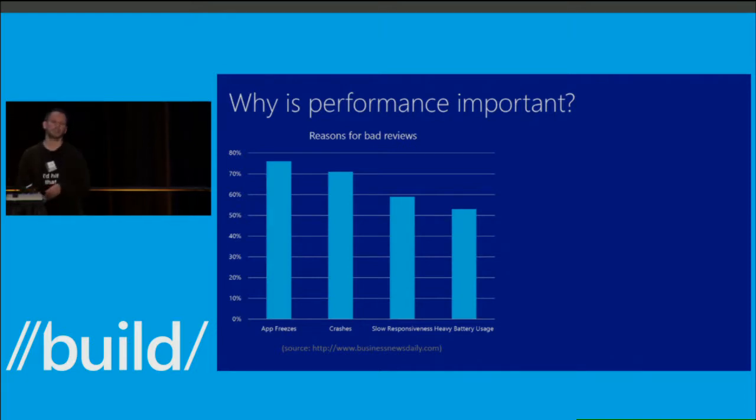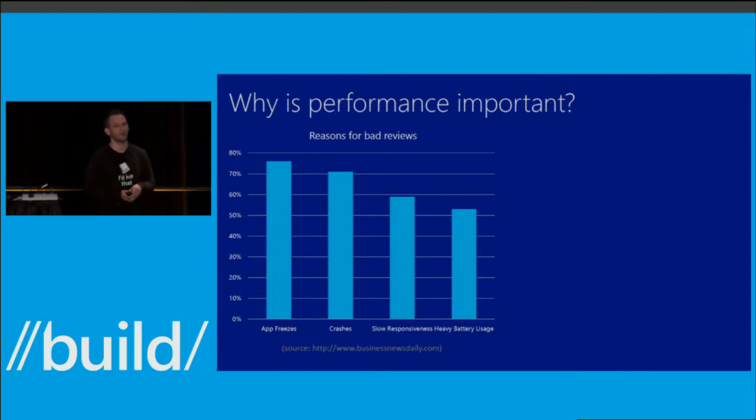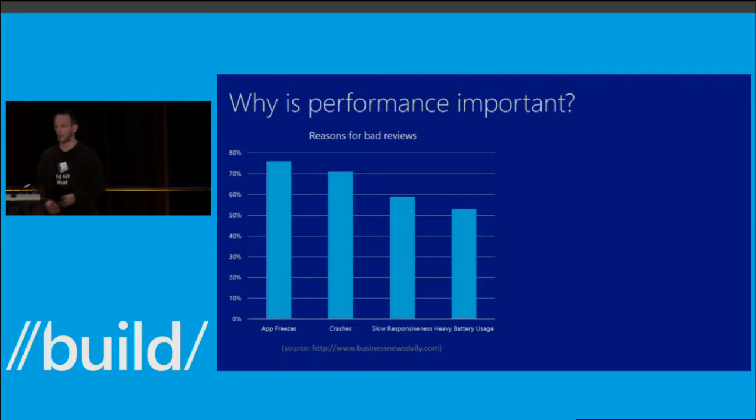Right, so this chart that I'm quickly showing was a report done by Business News Daily that just helps make that point clear that a lot of times in app stores, whether it's the iOS Store, the Windows App Store, or the Android Store, when an app is receiving low ratings, there's a good chance that it's due to performance problems.